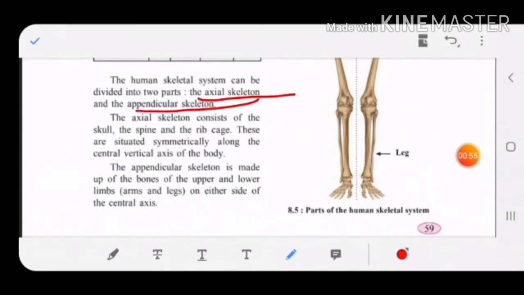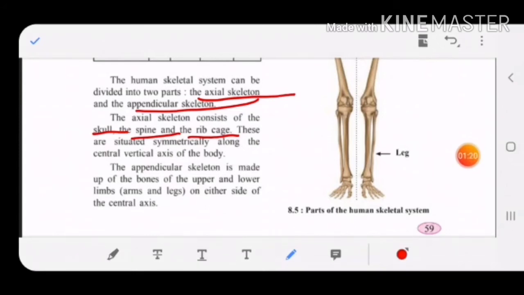The axial skeleton consists of three main things: the skull, the spine and the rib cage. These are situated symmetrically along the central vertical axis of the body.